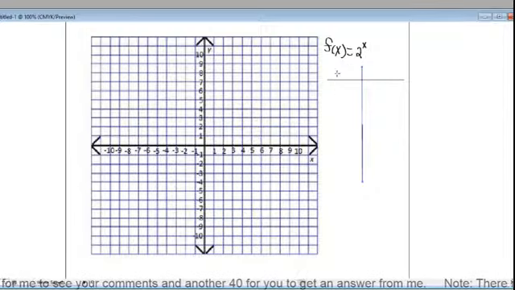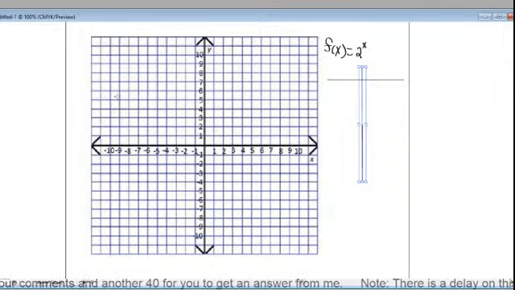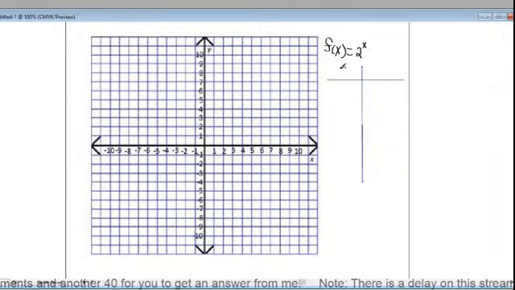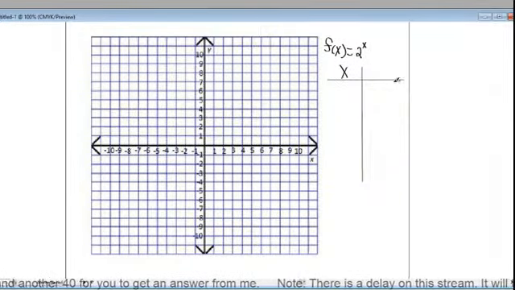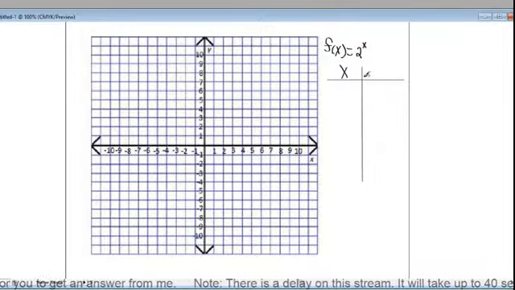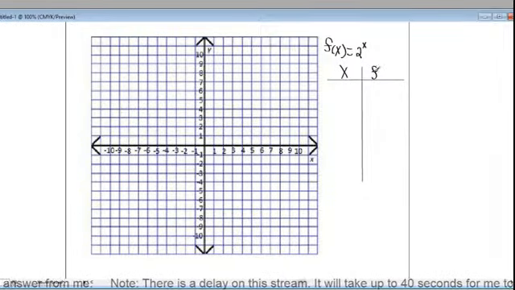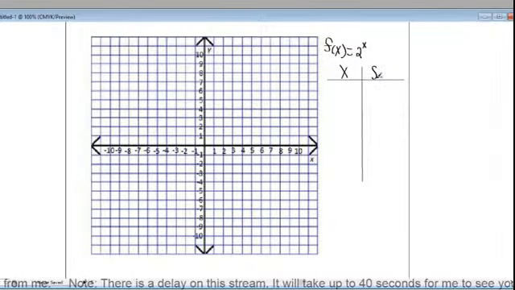So this slot right here is going to be our x's. It's what we're plugging in for x. And this slot right here is our y, or our f of x. It's what we get out when we plug something in for x and then do all of the operations.